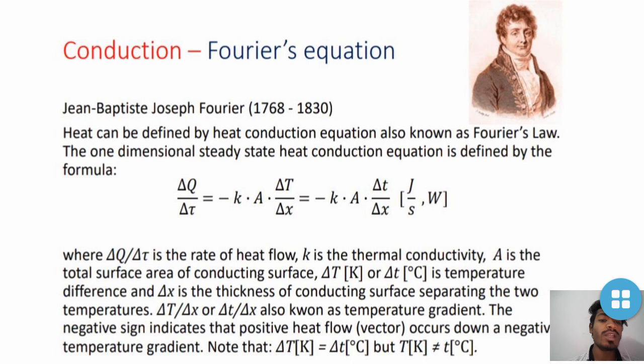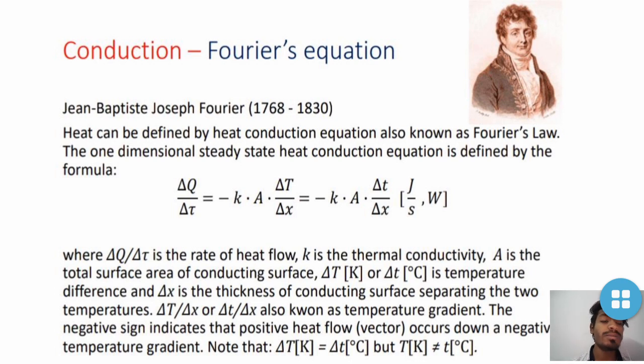Delta q by delta tau is equal to minus k into A into delta T by delta x, in joules per second, or watts.